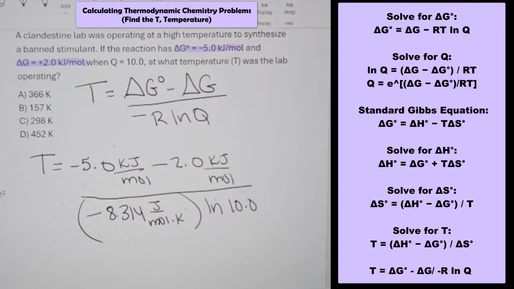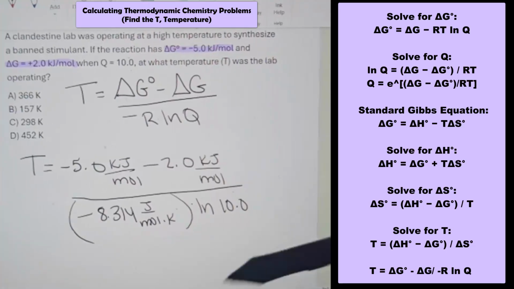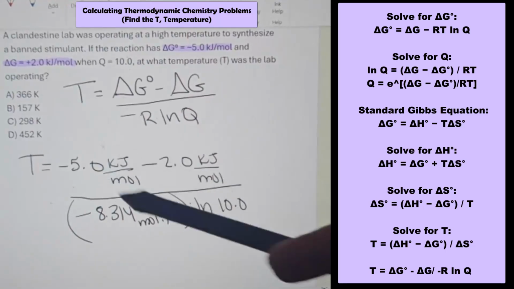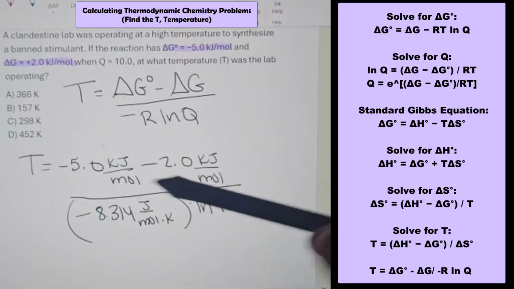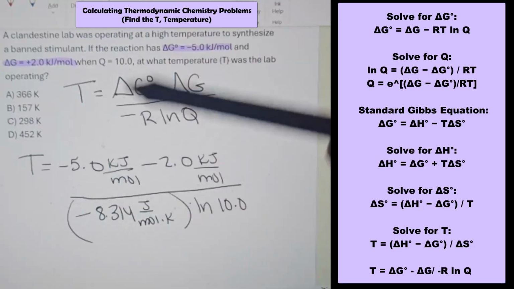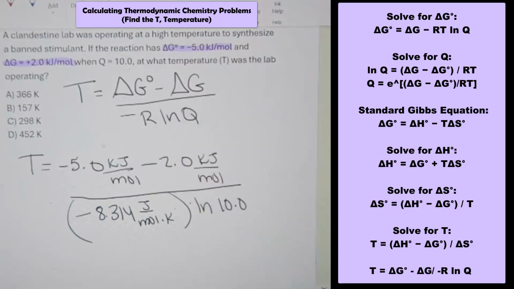Okay? I'm going to do that part. Because I have kilojoules up here, once I get this answer on the very top, I will then convert that to joules. For those of you all that don't know, remember, 1 kilojoule is equal to 1,000 joules.